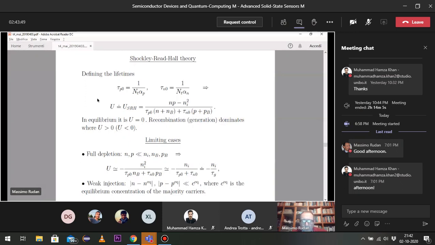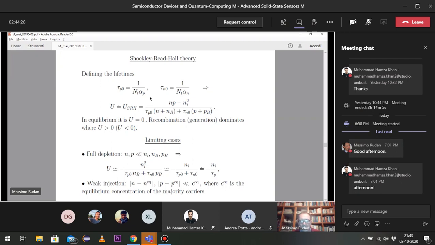If you are in a non-equilibrium condition, you may have that in some regions of the semiconductor, the product NP is larger than the equilibrium product. So U is positive. You remember, U has the meaning of recombination less generation. So if U is positive, that means that recombination prevails over generation.